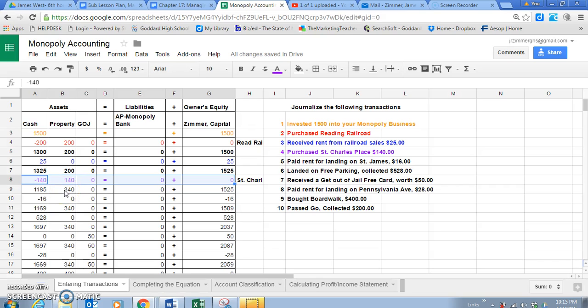My property value now goes up because I have two properties totaling $340, and then I also have $1,525 in total capital. That did not change, only my assets changed. I traded one asset for another, cash for a property. So over here, nothing happened. We didn't have an expense and we didn't have a revenue, so nothing happened to capital.